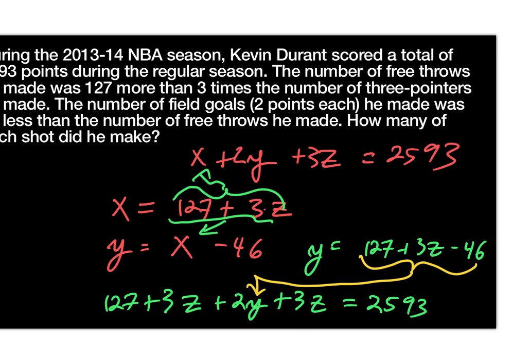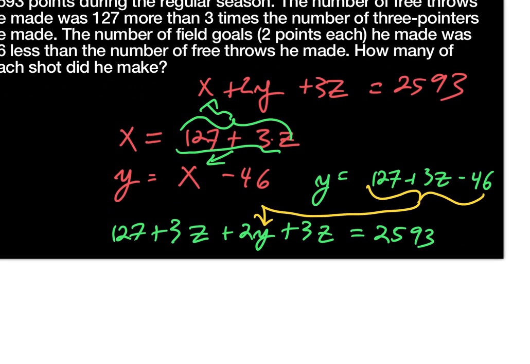I'll then have an equation that is only z's and numbers. 127 plus 3z, and if it's all right with you, I'm just going to say 3z and 3z are 6z, plus 2 times... what's 127 minus 46? 81 plus 3z equals 2593.